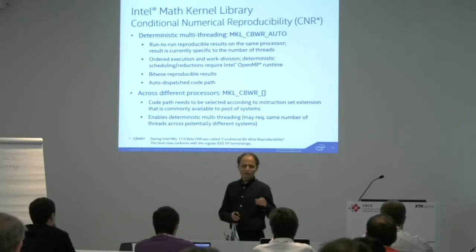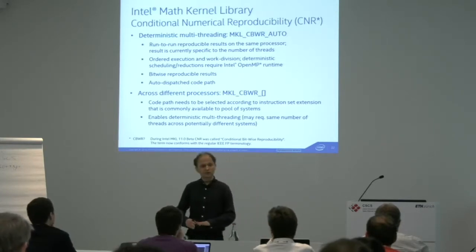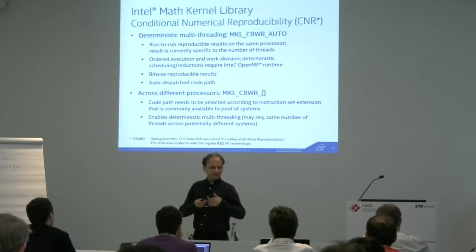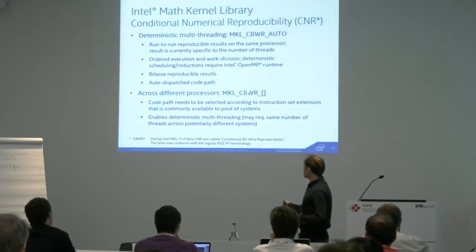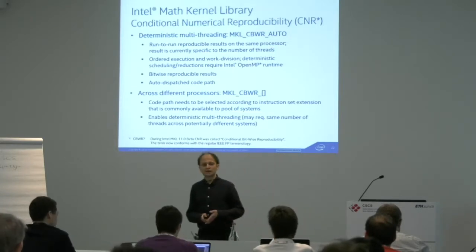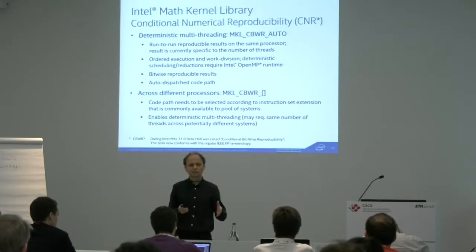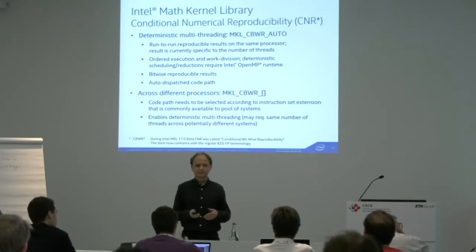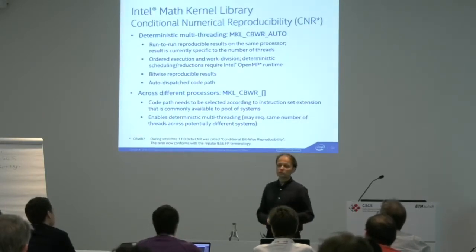You could essentially have a system park of AVX2 and AVX capable systems, and you could cripple all the CPUs down to AVX, not AVX2, and then get reproducible results across the heterogeneous set of systems. But this is not very useful. The more useful thing is to get reproducible numerical results for the entire math library. Means all the algorithms that are in MKL can be enabled to be numerically reproducible in terms of the results.